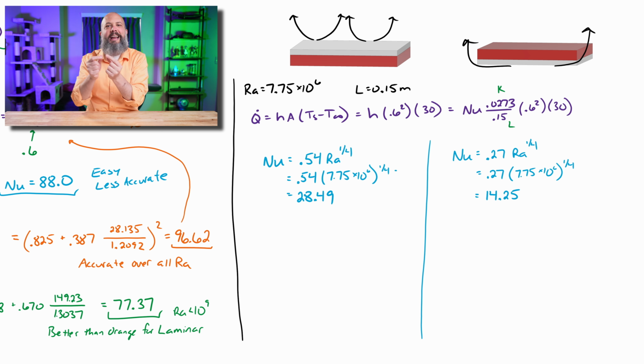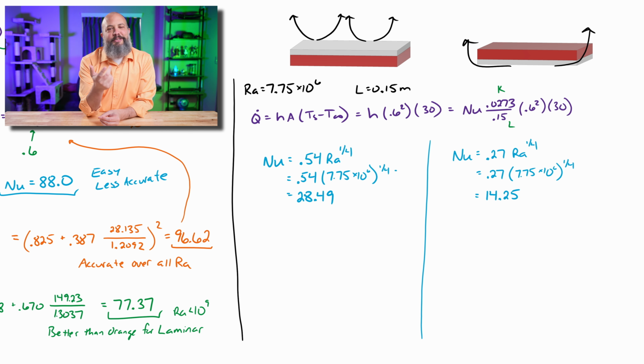So basically all of the hot air from the middle blocks the surfaces around the edge, and that provides an extra layer that the heat has to get through the hot air in order to get to the cold air. It's a lot of extra resistance. So heat transfer is worse when the hot side is facing down because all the hot air is in the way. It doesn't leave the plate very easily.